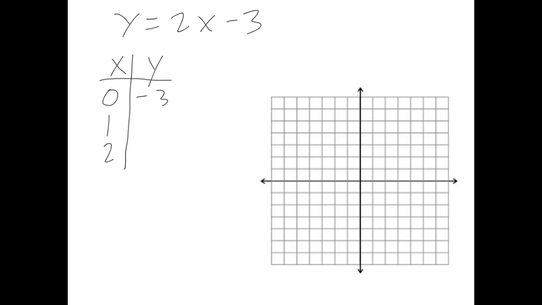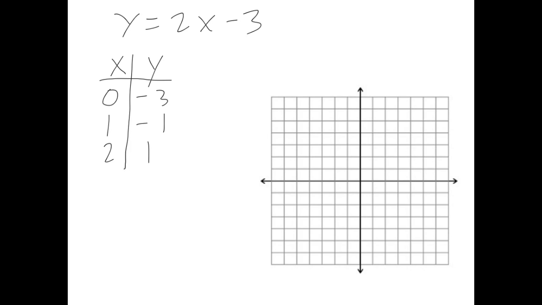Same thing for 1. 2 times 1 is 2, and 2 minus 3 is negative 1. And 2 times 2 is 4. 4 minus 3 is 1. And then we would plot those on the graph.